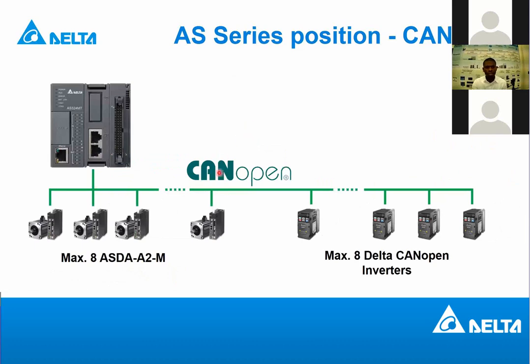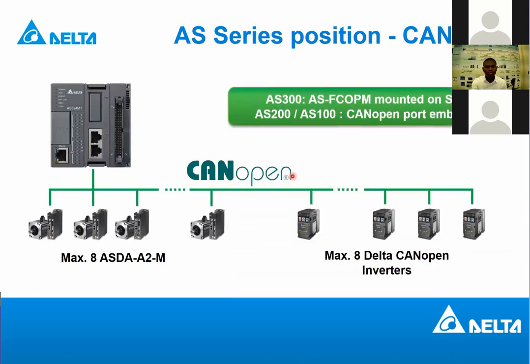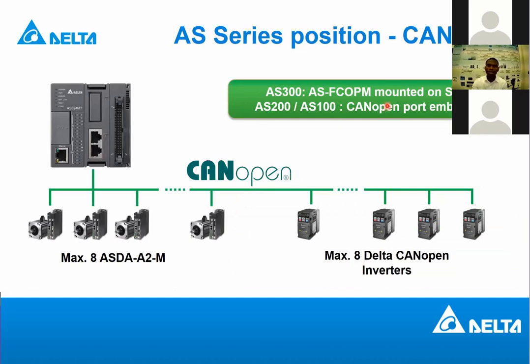This is what I already explained in the previous slide. I did mention this earlier as well. For the AS300, to use CANopen, this is the CANopen card. Hopefully you can see my mouse with a laser pointer. You install the CANopen card on slot 2.